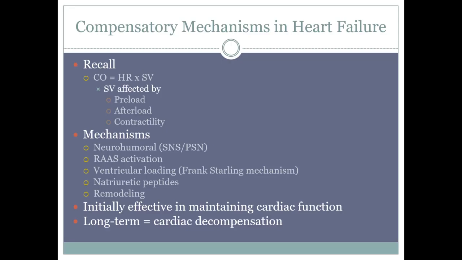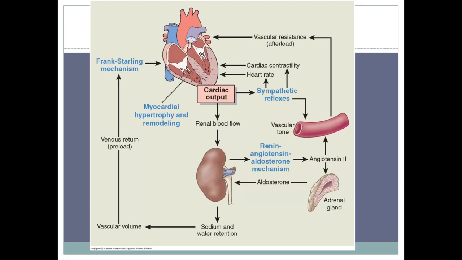All of these mechanisms are very beneficial in the early phase of heart failure, for example, but over the long term, they actually end up causing greater cardiac decompensation and furthering heart failure. So we'll talk about each of these mechanisms of compensation, reiterate some things we've already talked about, but in the context of heart failure.